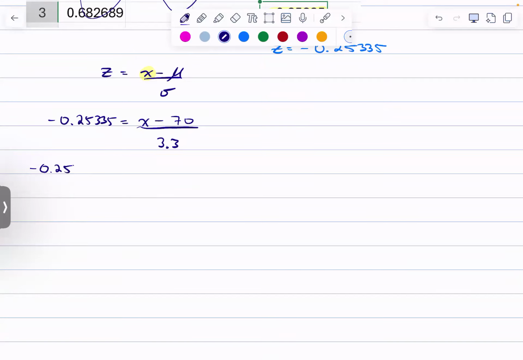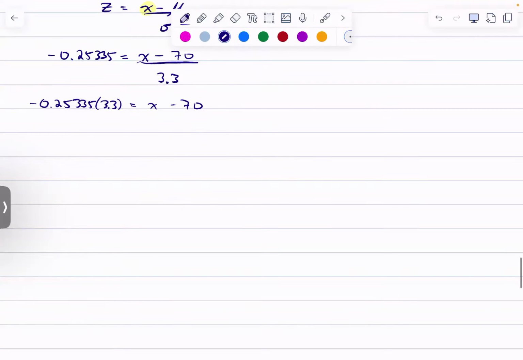Negative 0.25335 times 3.3 is x minus 70. Let's figure out what that is. Negative 0.25335 times 3.3. Negative 0.83605 is x minus 70. And so x is negative 0.836055 plus 70. Right? Adding 70 over and then doing a switcheroo.